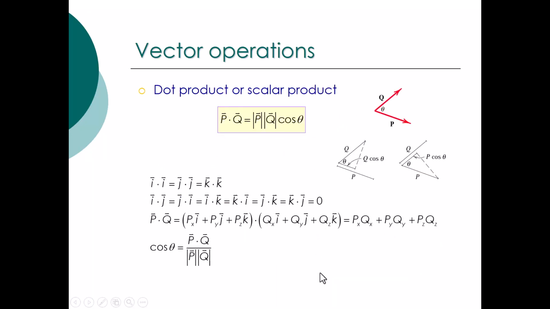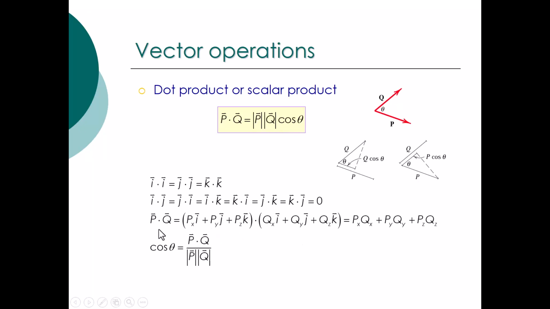Other operations to be useful through this course are the dot product of two vectors. Remember that the dot product of two vectors is known as scalar product. It will lead to having a scalar, a number, and not a vector. We can find the scalar product either multiplying the magnitude of vectors by the cosine of the angle between them, or we can use their component with the notation of unit vector, as you might see.